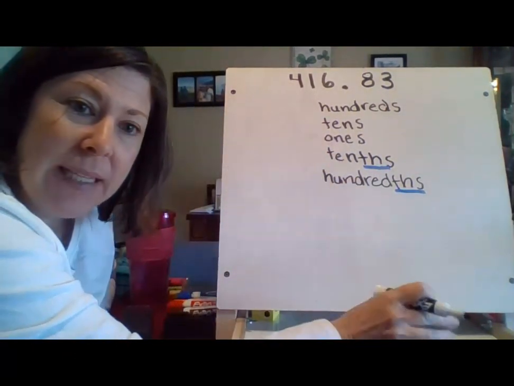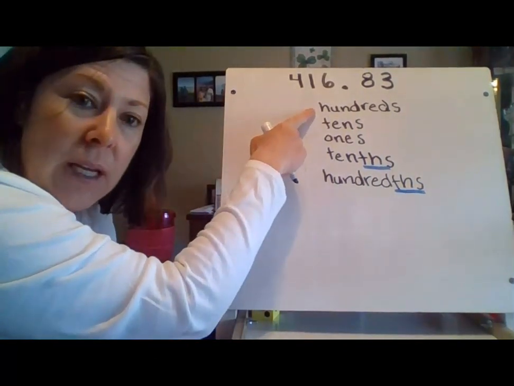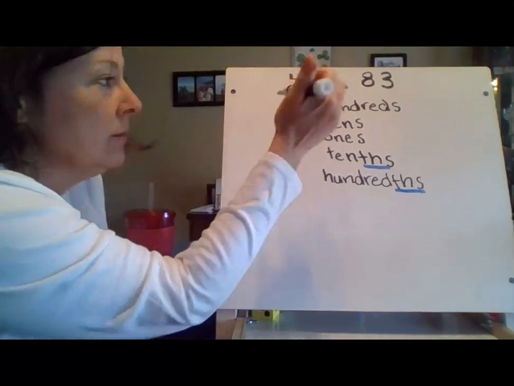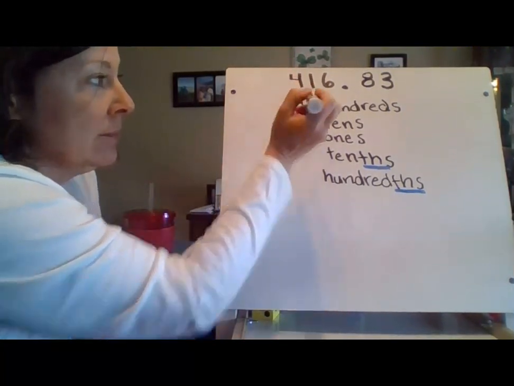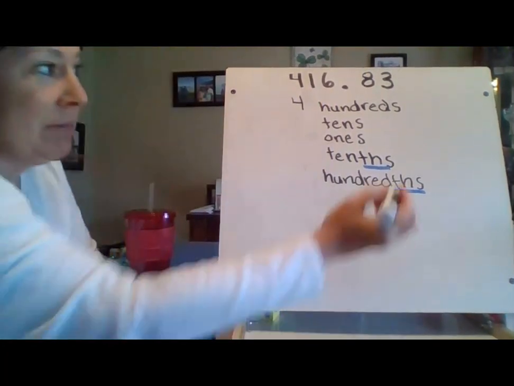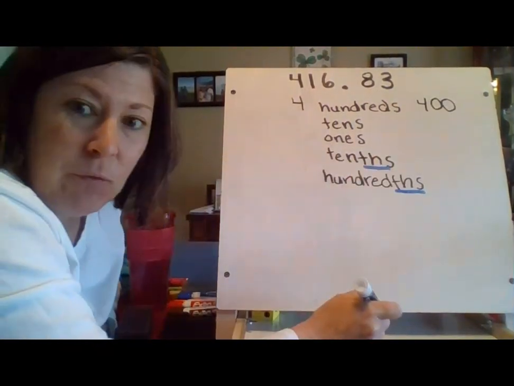Now you have that labeled place value chart to help you. Which digit is in the hundreds place? Right, it's the 4. And the value is 400.